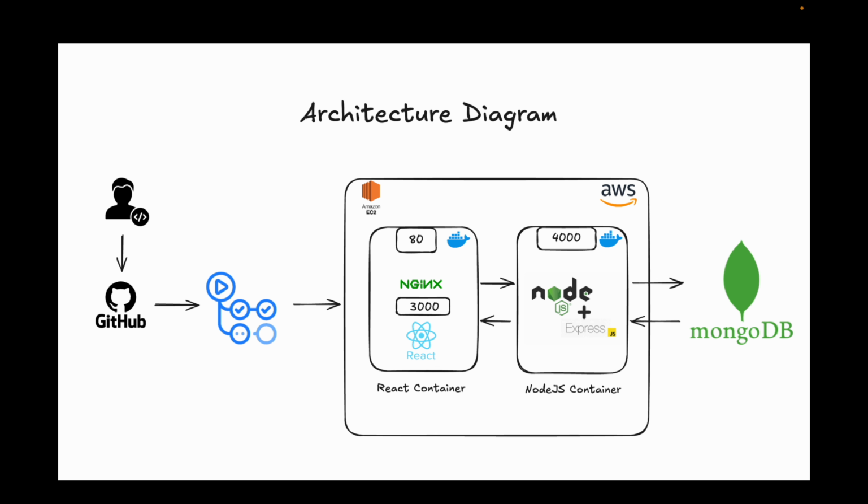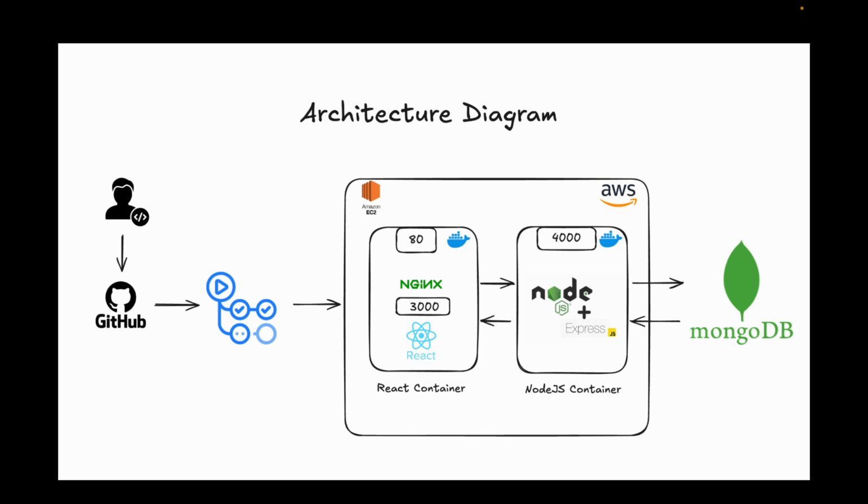So what we are going to do, we will have two separate projects in this example, a Node.js project and a React project. The Node.js project will have a database with MongoDB, and it will be communicating with our React application. That's how our MERN stack application is designed, and we are going to run both applications on a single AWS environment but with different containers.